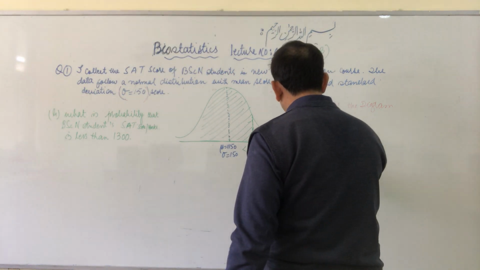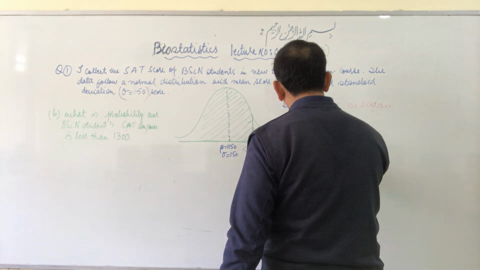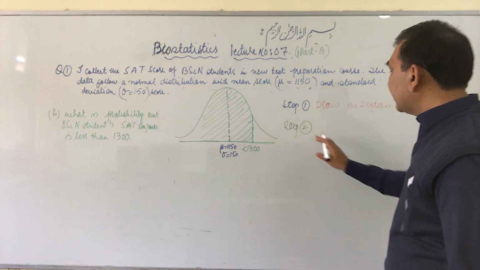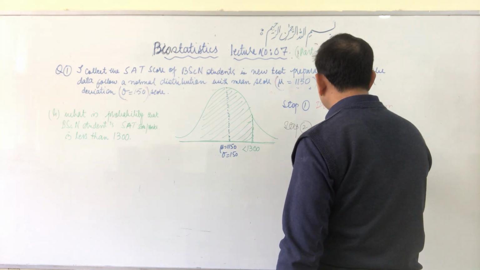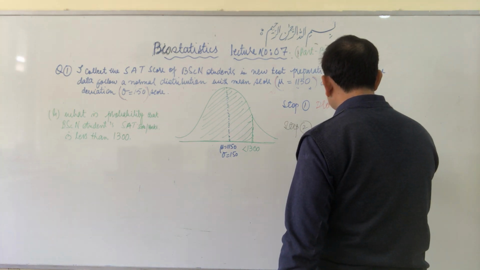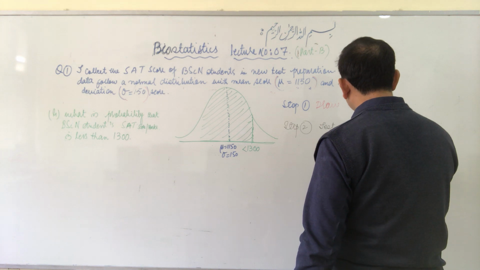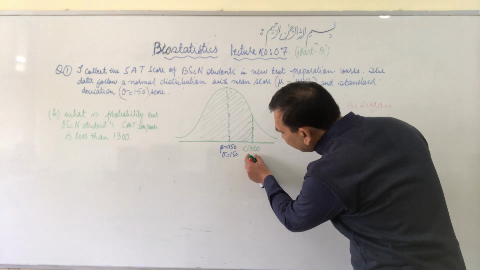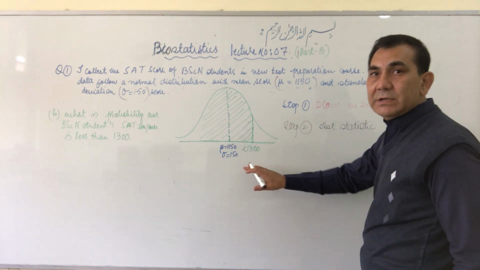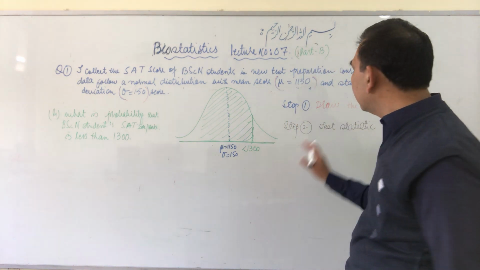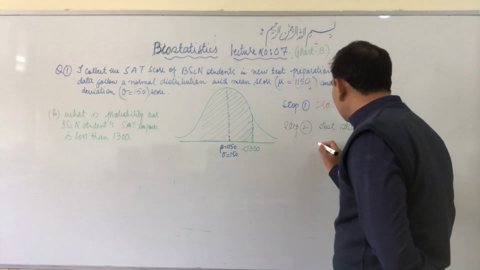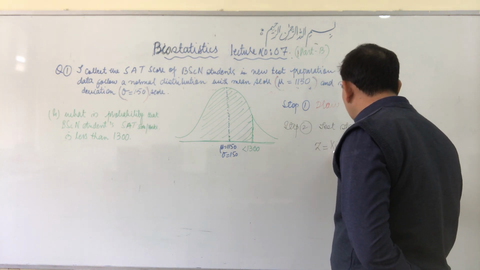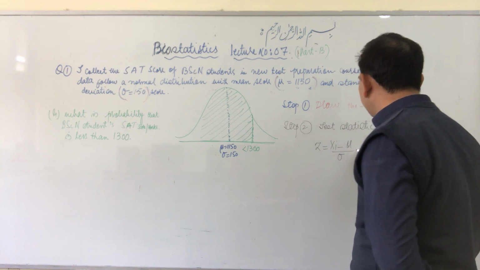Now we go to step number 2, after drawing the diagram and shading the area. In step 2 we use the test statistic. We find the z-score for less than 1300 marks using the formula: z equals xi minus mu divided by sigma.